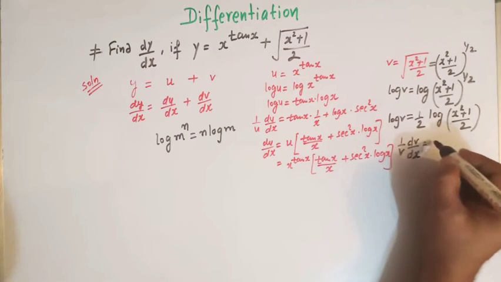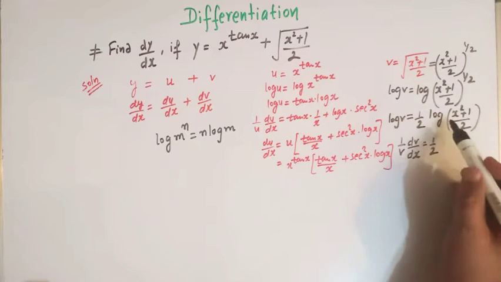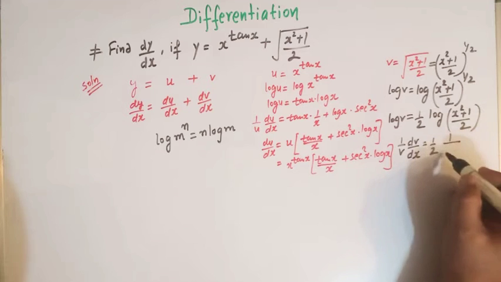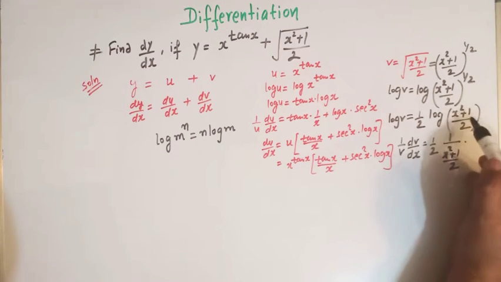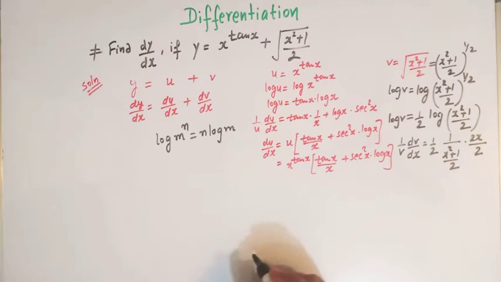Okay, now differentiating both sides with respect to x, we have 1 over v, here we have dv over dx, then we have half because this is a constant. Now the derivative of log function is 1 over (x square plus 1 by 2), and then by chain rule we find the derivative of x square plus 1 by 2, which is 2x, and plus 0 because 1 is constant, and it is divided by 2.